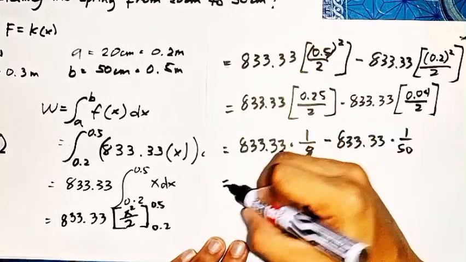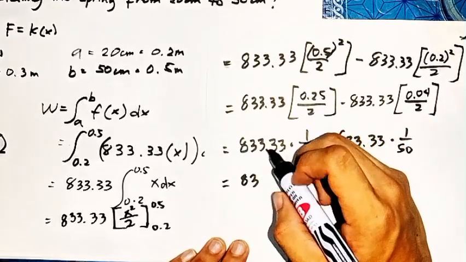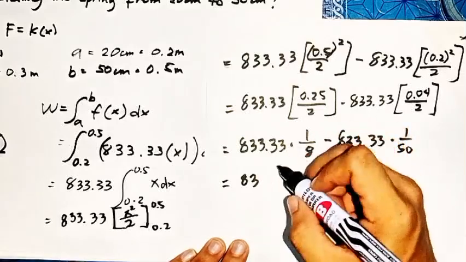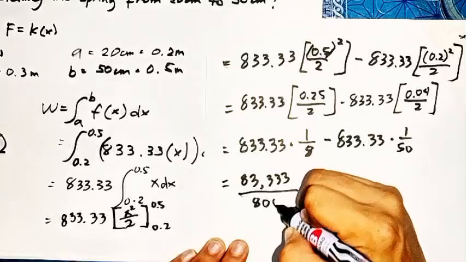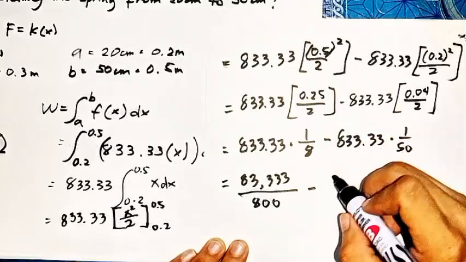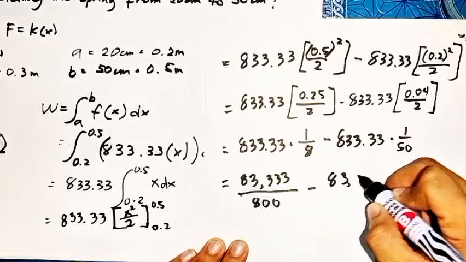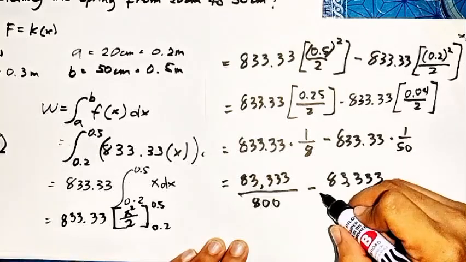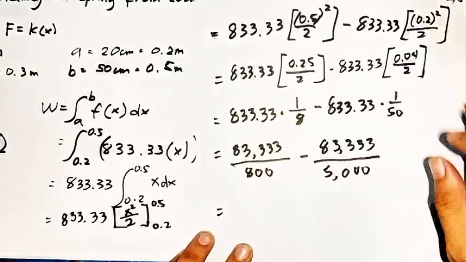So let's multiply 833.33 times 1 over 8, which is equivalent to 83,333 over 800, minus 833.33 times 1 over 50, which is equivalent to 83,333 over 5,000. So let's subtract.